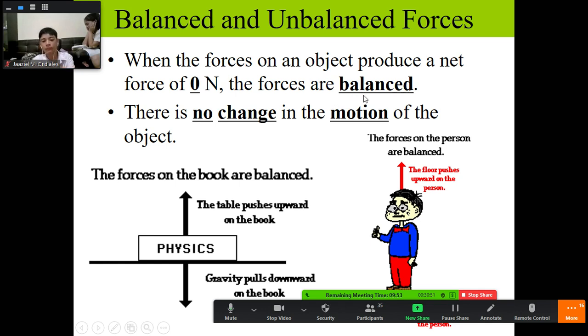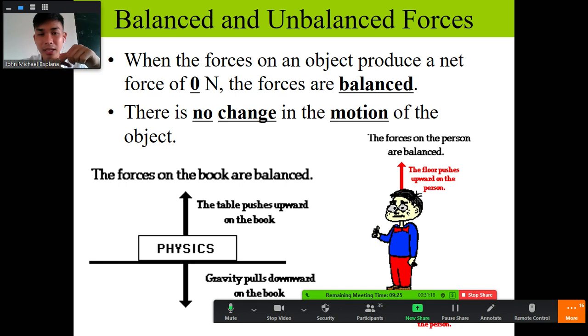So if the individual forces are balanced, there will be no change in state of motion. If it's initially at rest, that will remain at rest. If it's constantly moving, pag sinabing constantly moving or uniformly moving object, hindi sila bumabagal, hindi sila bumibilis.